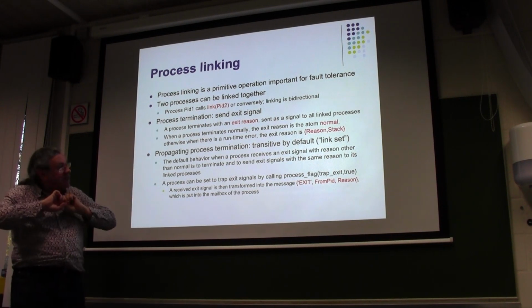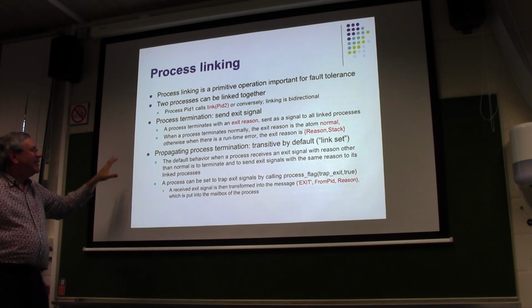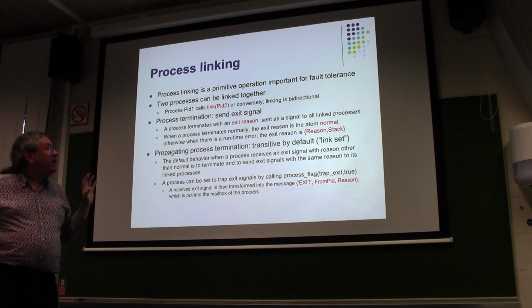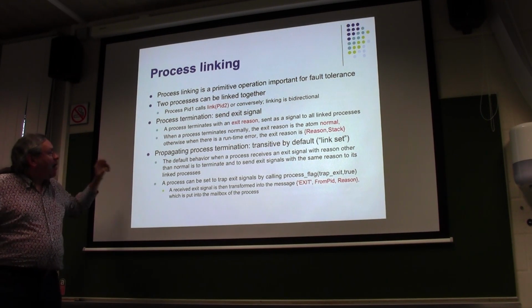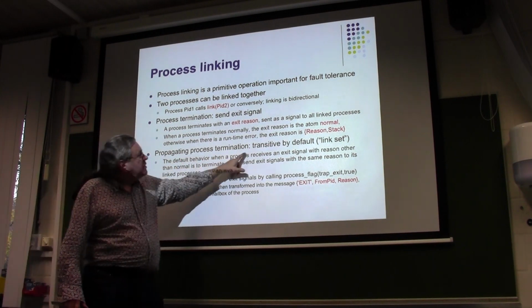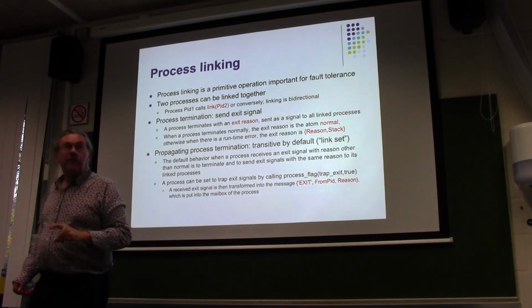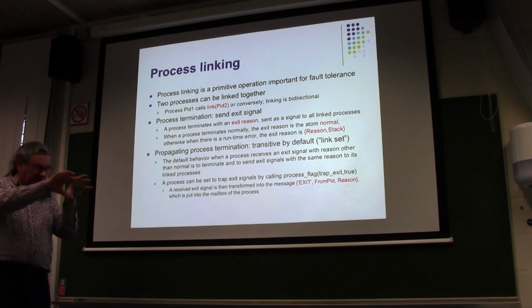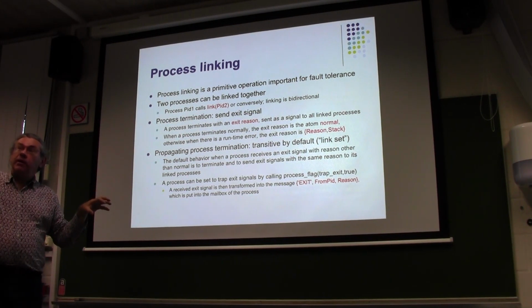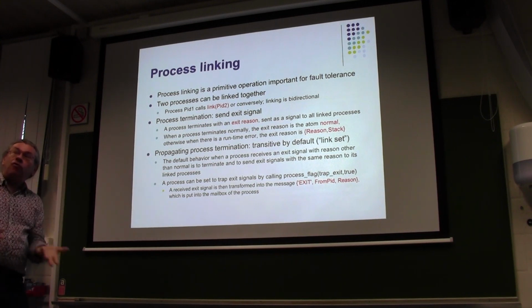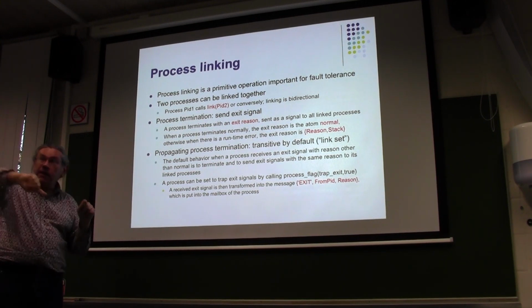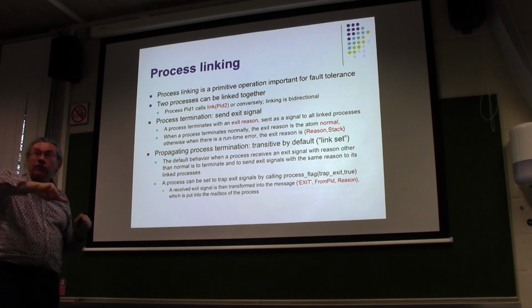Now, these signals are propagated through all of the linked processes. The linked processes actually are a set. If I have two processes linked together and a third one links to the second one, in fact, conceptually, they form a set, because the transfer of the signal is transitive.